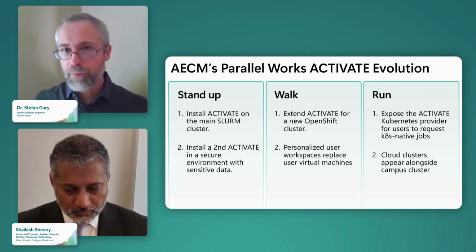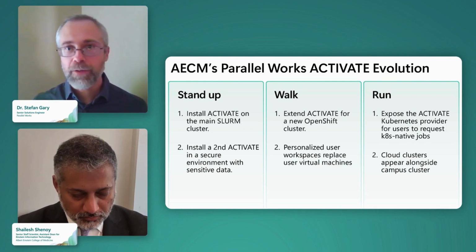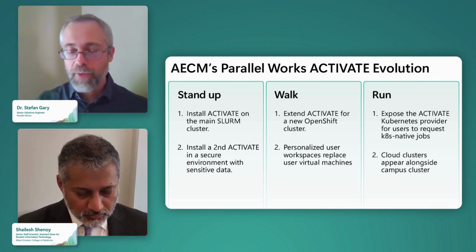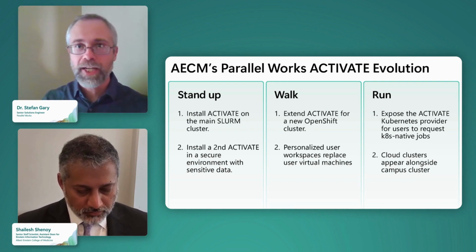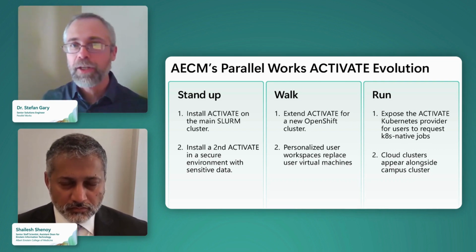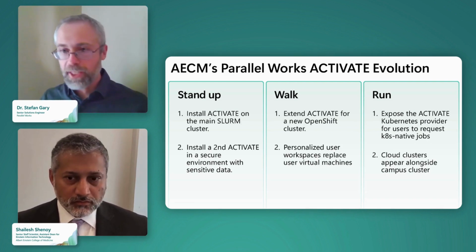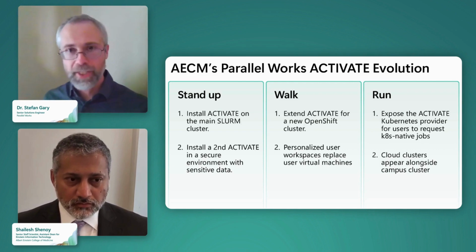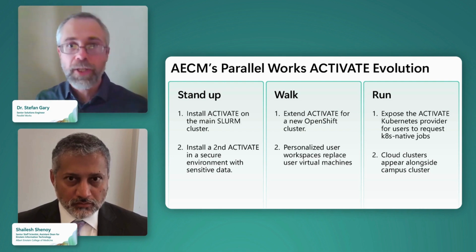So then two ways to do that are by exposing the Kubernetes provider within Activate. That allows users to go directly to the underlying Kubernetes environment for sending out their jobs, and when they send out their jobs, they're doing it through containers, and so they can ensure that their work is reproducible.